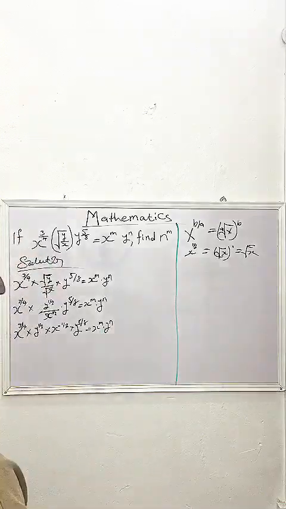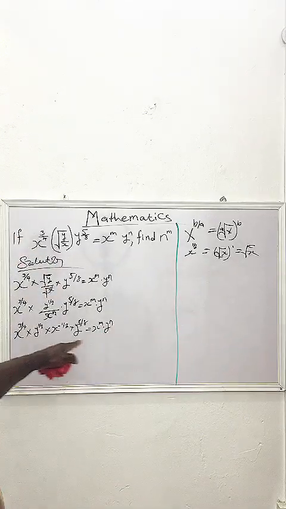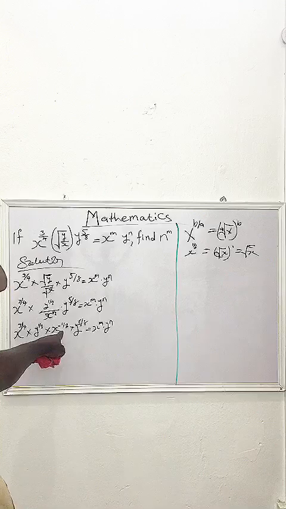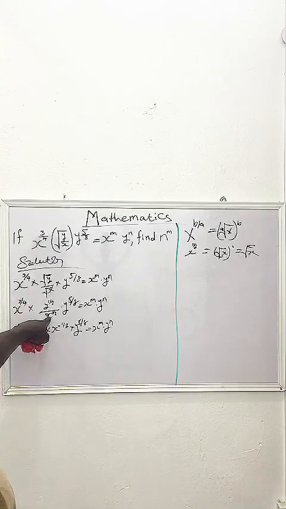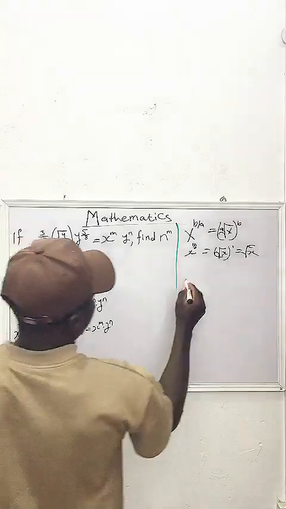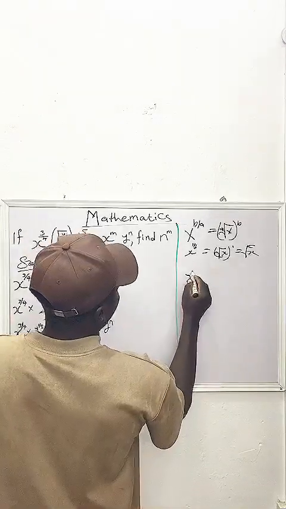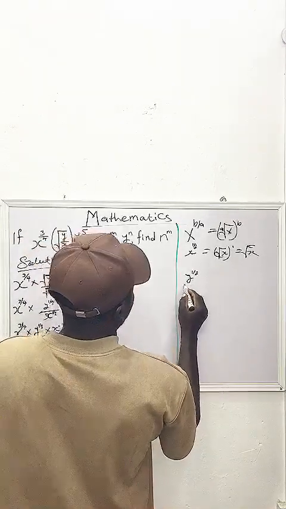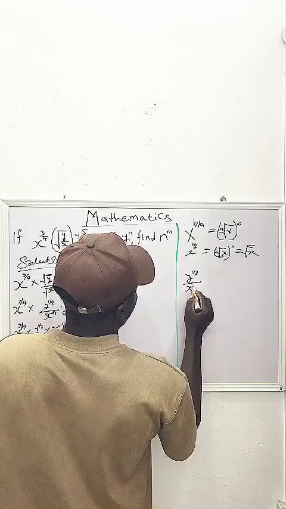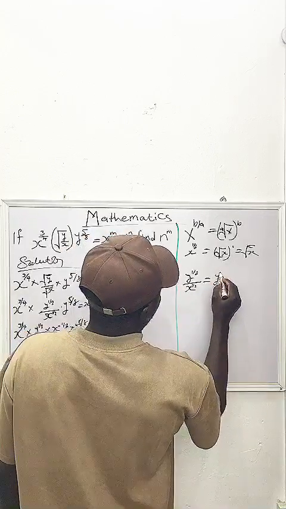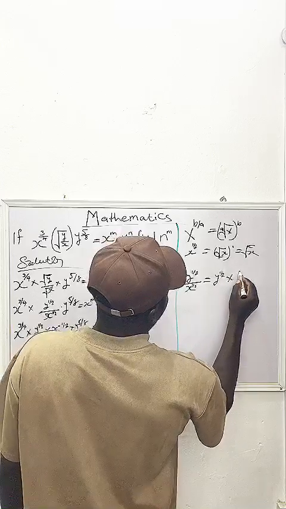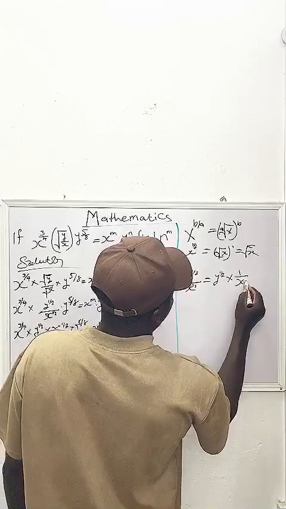Which is equal to x raised to the power m dot y raised to the power n. The next thing is to rearrange. You may be wondering why I have a negative power here. The reason is that y raised to the power 1 over 2 divided by x raised to the power 1 over 2 is more like y raised to the power 1 over 2 multiplied by 1 over x raised to the power 1 over 2.